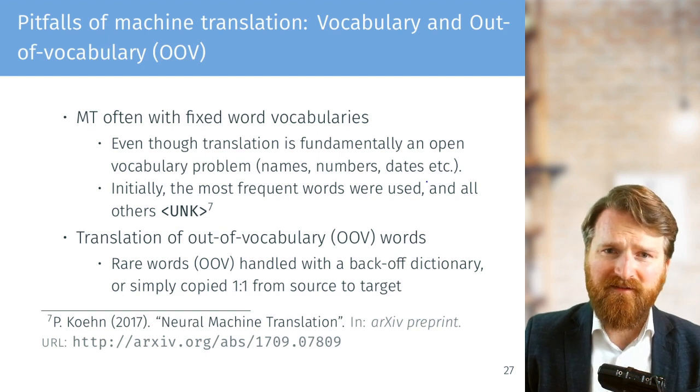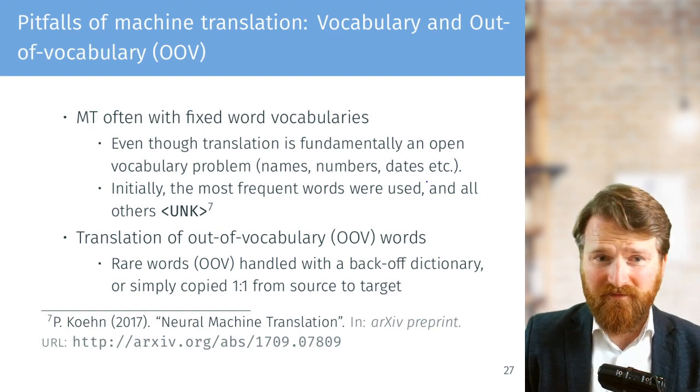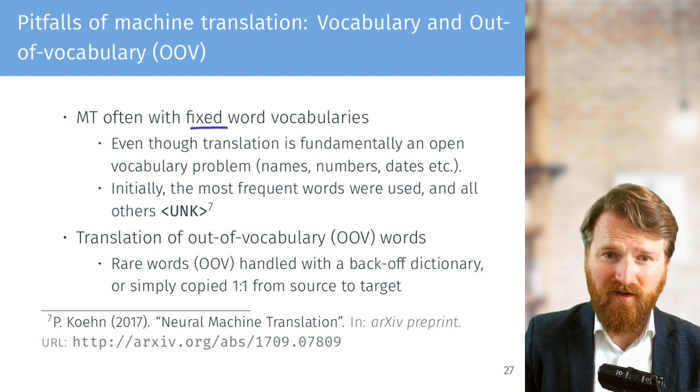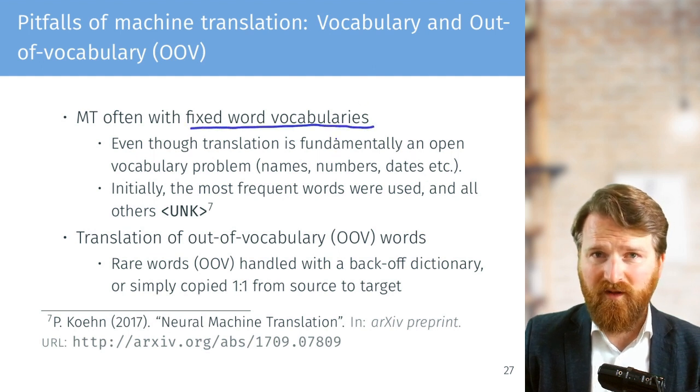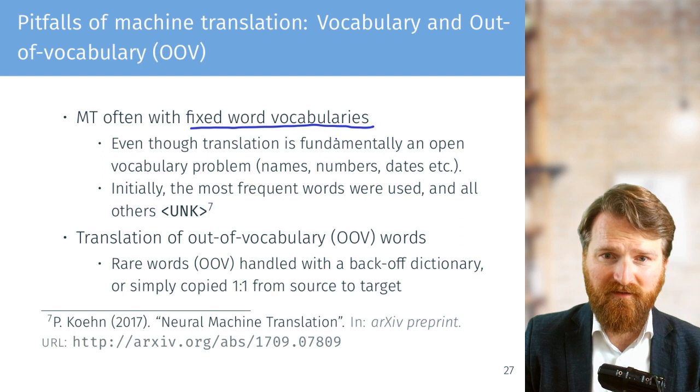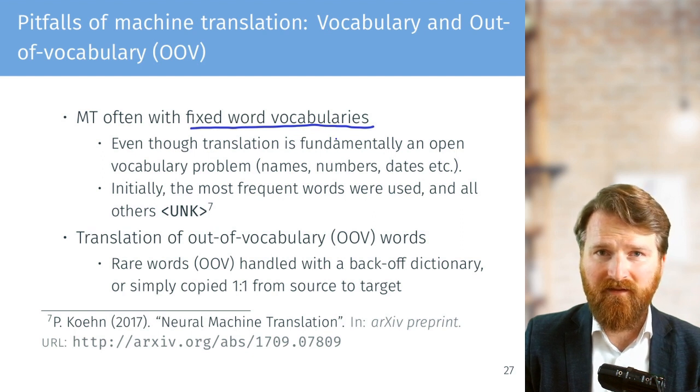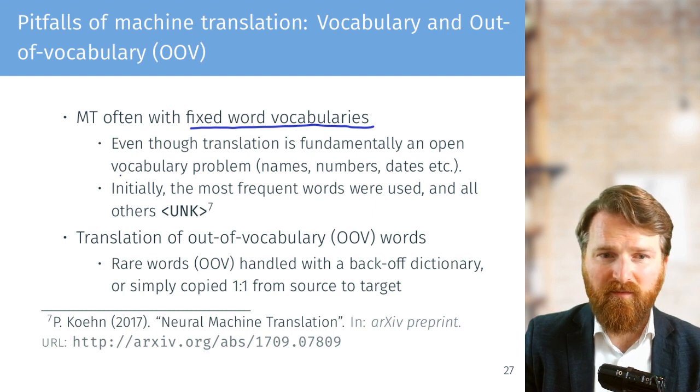If we are in machine translation, we're working with fixed vocabularies. So we collect some vocabulary in both languages, and this is what we work with. But translation is fundamentally an open vocabulary problem, that's the issue.